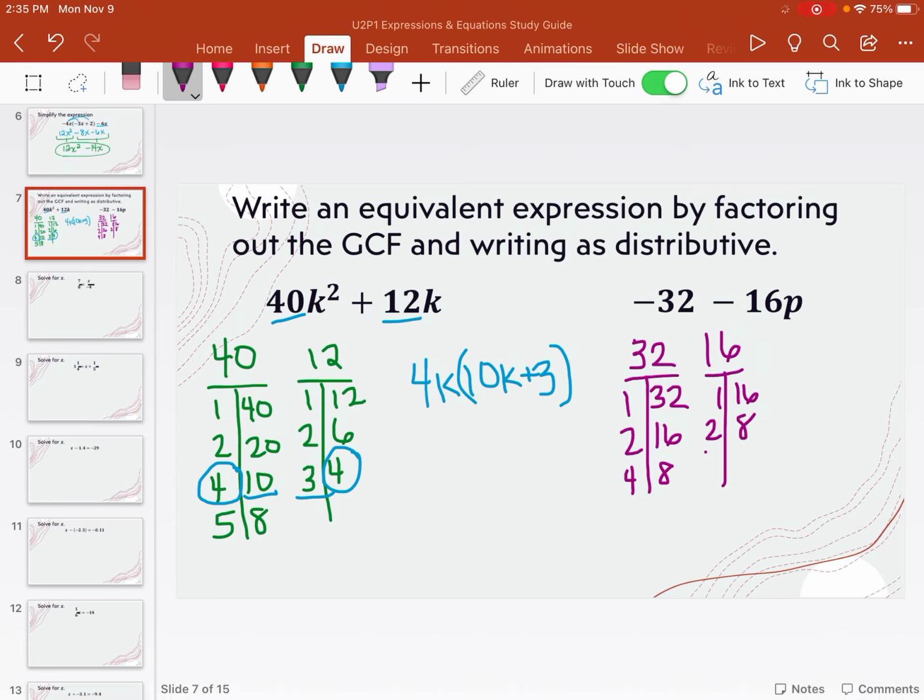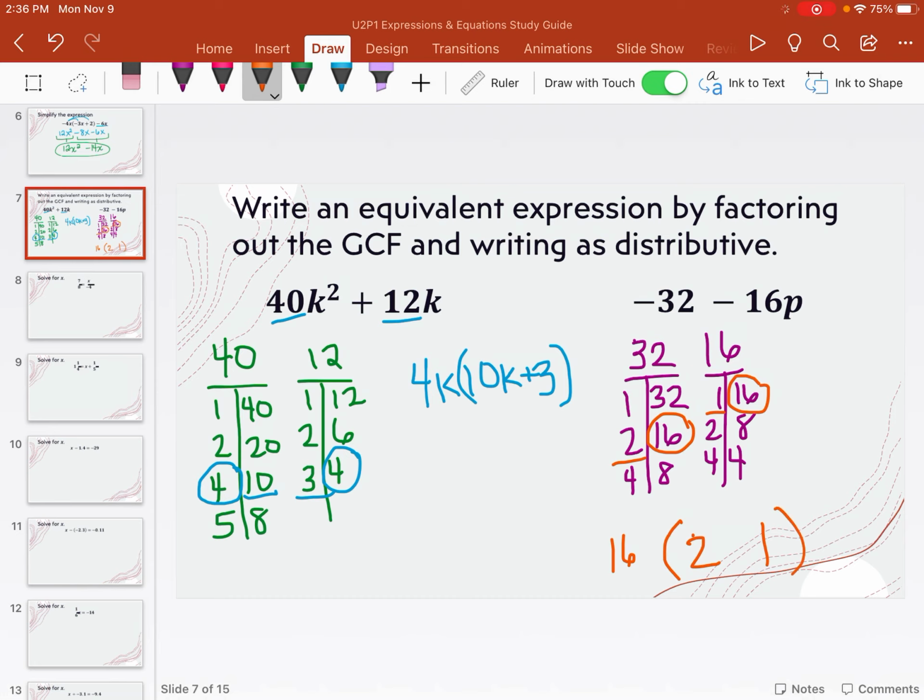So this time my greatest common factor is this 16. So I know I'm going to have 16 on the outside. And think about what numbers are going to go inside. So 16 times 2 would be in here. And 16 times this 1 inside my parentheses.